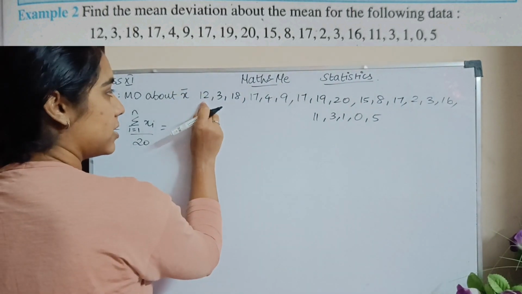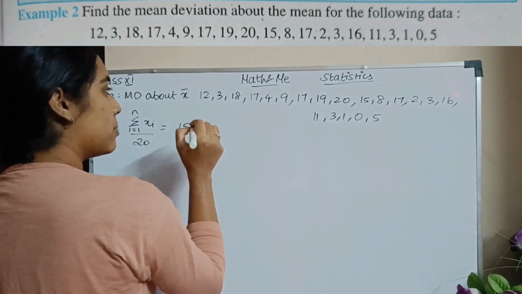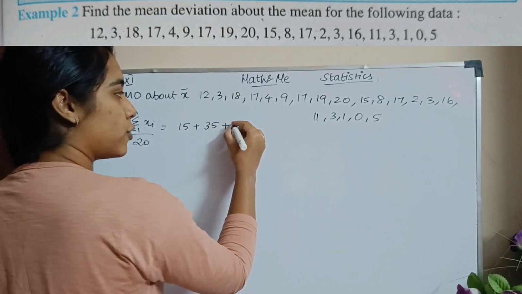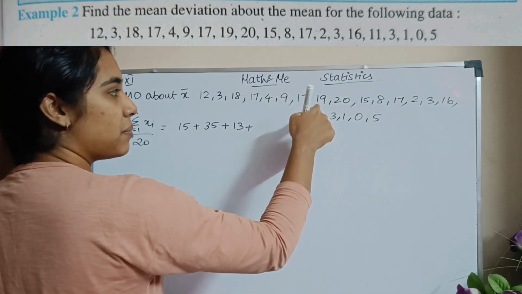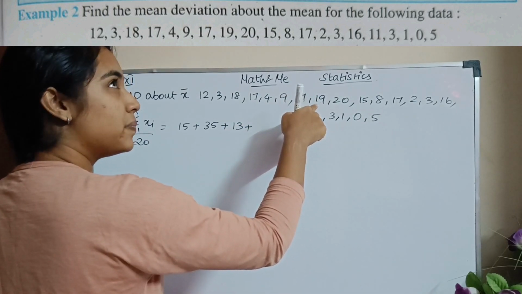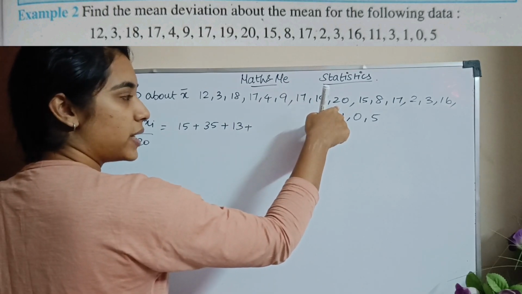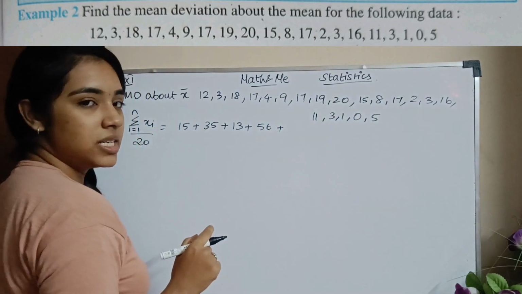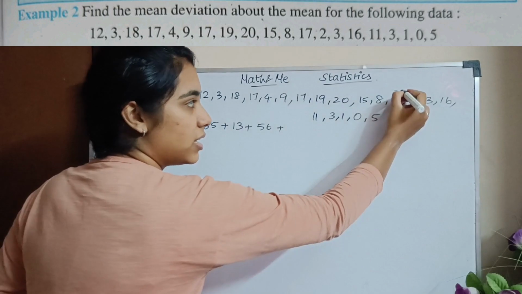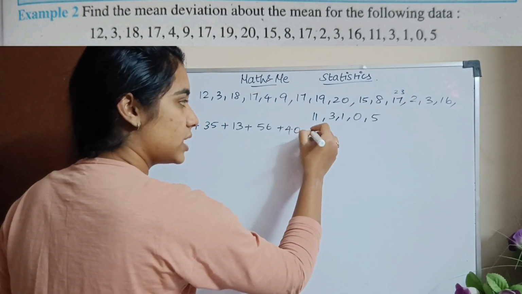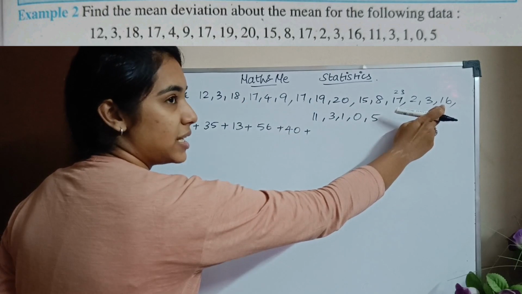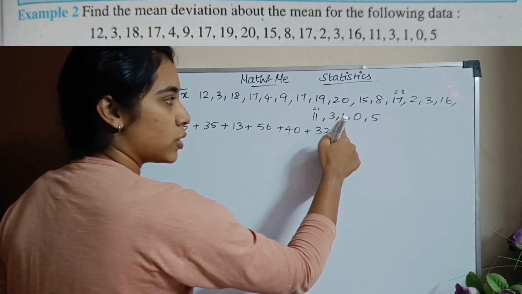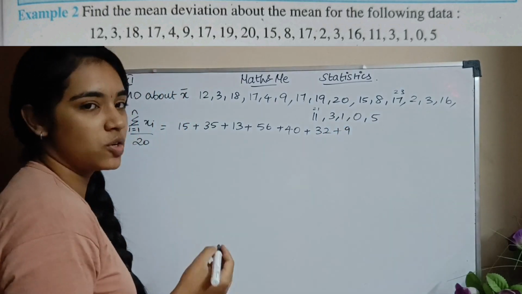So I'll add two at a time. 13 plus 2 is 15, plus 18 plus 17 is 35, plus 9 plus 4 is 13, plus 17 plus 19 is 36. 36 plus 20 is 56, plus 15 plus 8, and 15 plus 8 is 23. 23 plus 17 is 40, plus 2 plus 3 is 5. 16 plus 5 is 21. 21 plus 11 is 32, plus 3 plus 1 is 4, 4 plus 5 is 9. Plus 0 is the number itself.